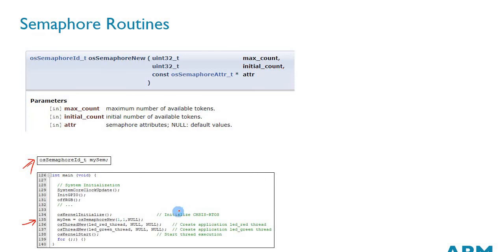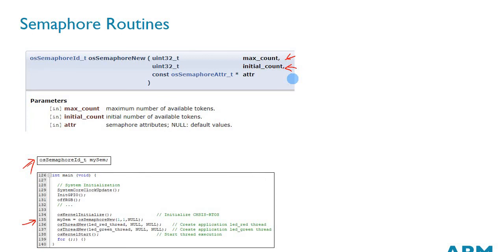For a new semaphore creation, we have two numbers to put in: the max count and the initial count. Generally, max count and initial count are set to be the same, because when you start the system, all your resources are available, and subsequently, whenever a thread acquires a resource, the count changes. So generally for OS semaphore new, the max count and initial count are the same.